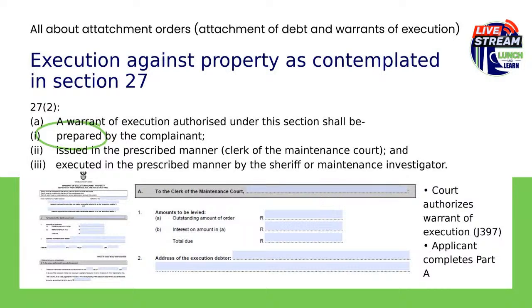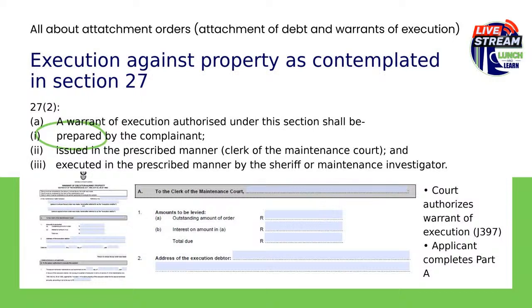So there's a responsibility on the complainant to prepare the documents. But it's not expected by the courts that the lay complainant actually goes out and completes all these forms, because the J397 document upon which the court authorizes the warrant of execution is only used in courts. That is not a downloadable document from the DOJ's website.